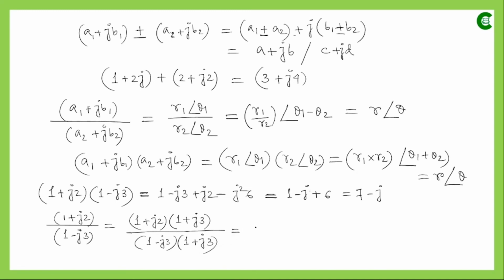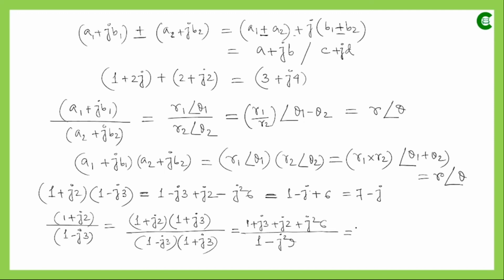In the numerator, if we simply multiply them, then it will be 1, then plus j3, then plus j2, and then j square times 6, as 3 2s are 6. In the denominator it will be a minus b multiplied by a plus b, so it will be a square minus b square. A square, 1 square, means 1, minus b square, so j3 square, that is j square and 3 square means 9.